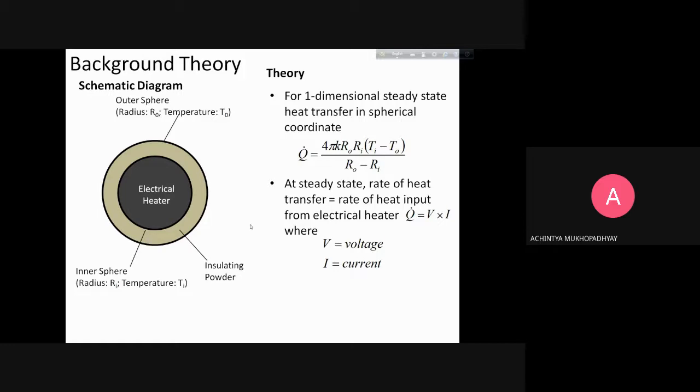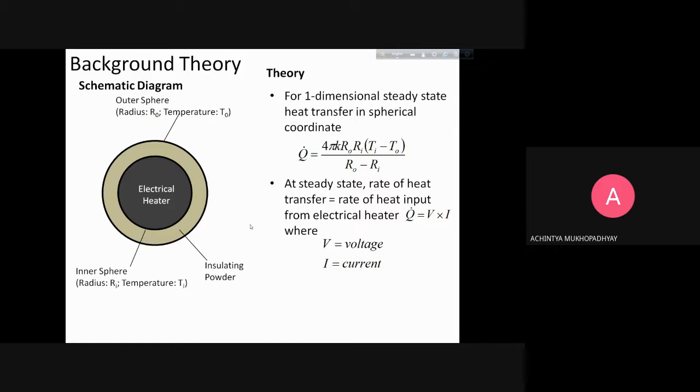In case of a rectangular slab, it will be one-dimensional only if the two other dimensions, that is the length and the width, are infinitely large. There will be no heat transfer at all in those two directions. Heat transfer will be only across the thickness.